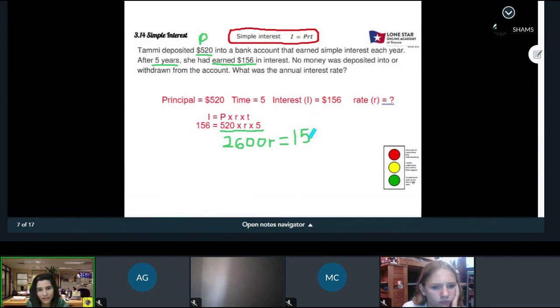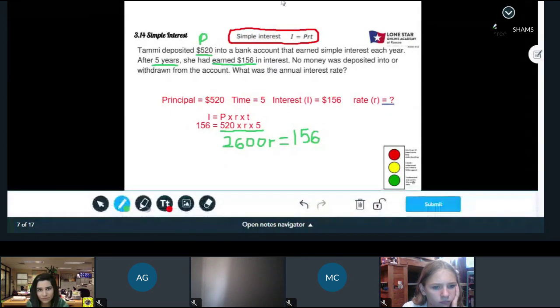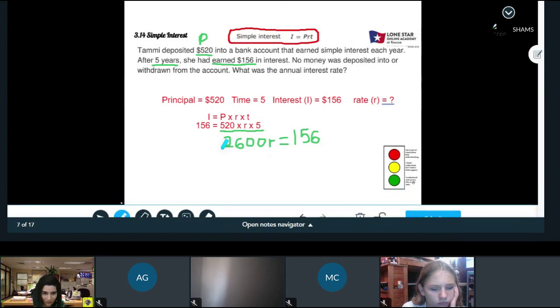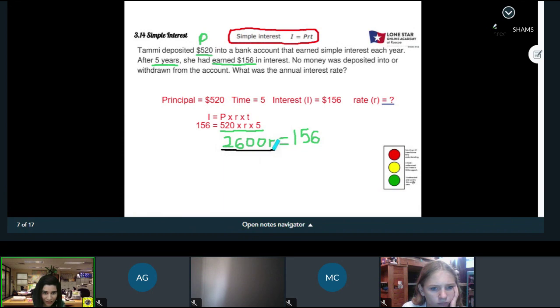I want to calculate R, that is my missing value. So to get R by itself, I want to get rid of 2,600, right? So I should divide both sides by 2,600 because I want the R by itself.